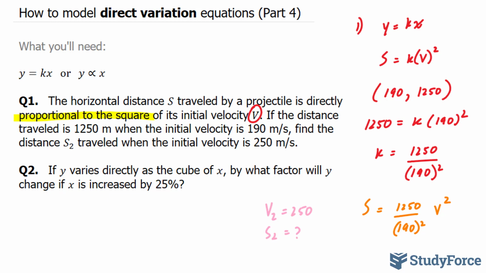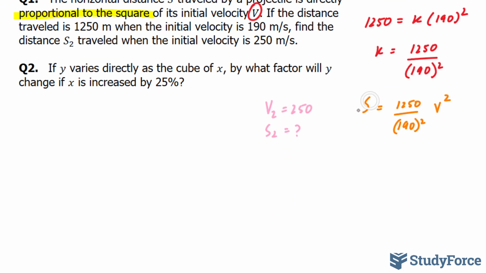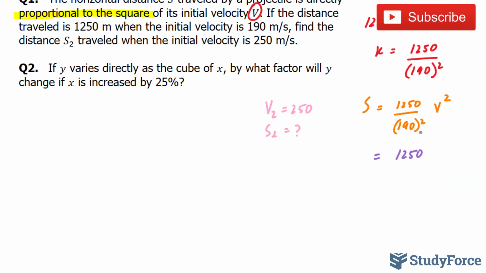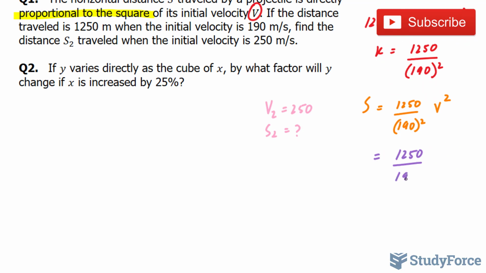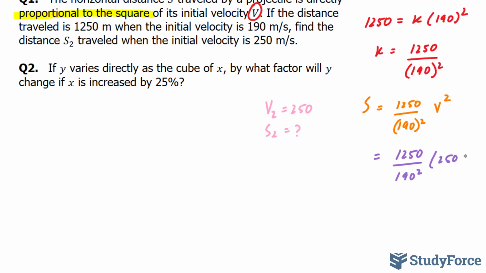All we have to do from here is substitute these values into this formula. Let's go ahead and do that. We have 1,250, this part hasn't changed, over 190 to the power of 2 times 250 squared.